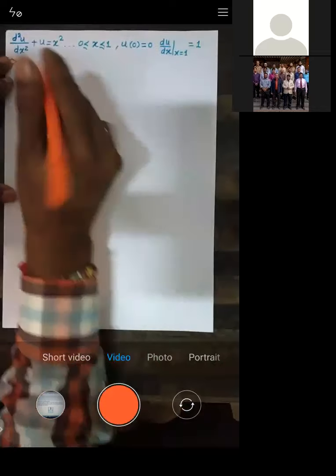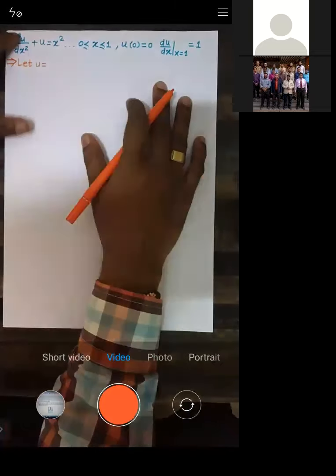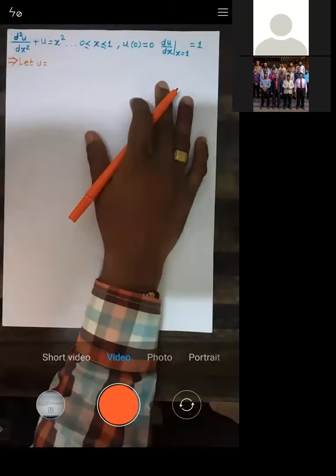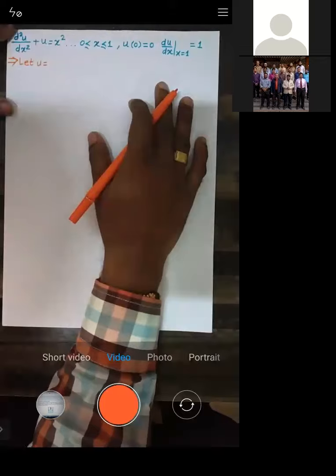So let u is equal to, we'll be writing the approximate solution in terms of polynomial. You can write the approximate solution in terms of polynomial or trigonometric function. So we will write it in terms of polynomial.